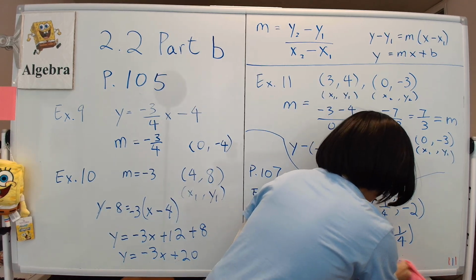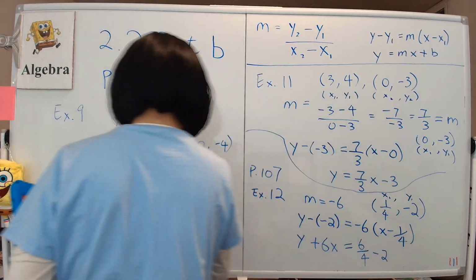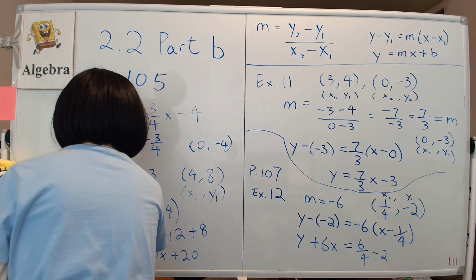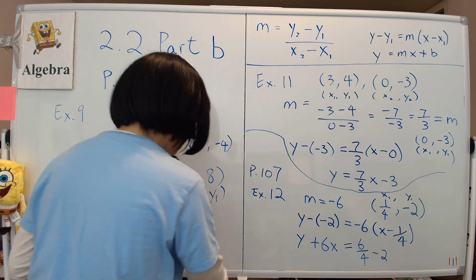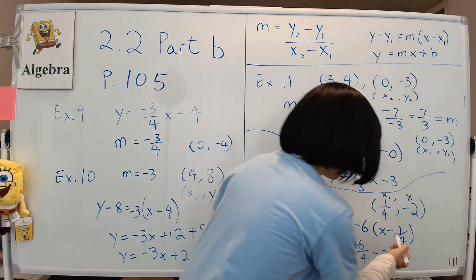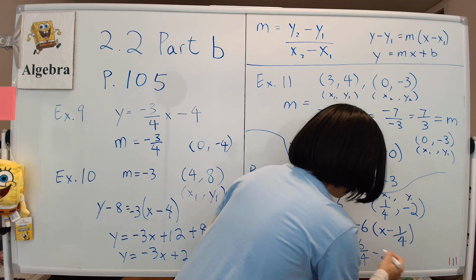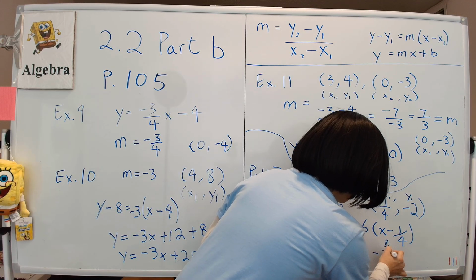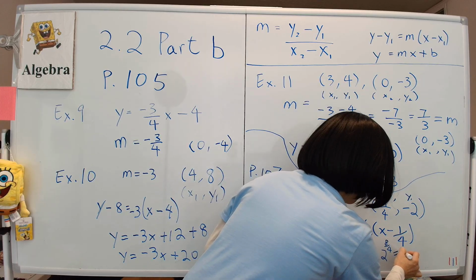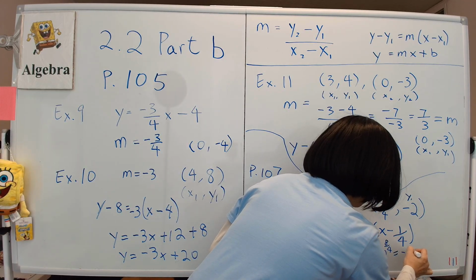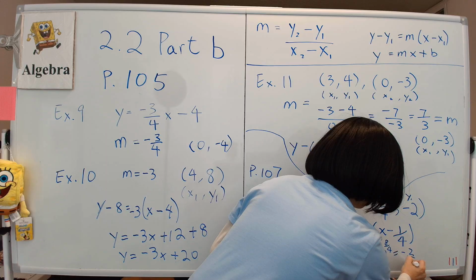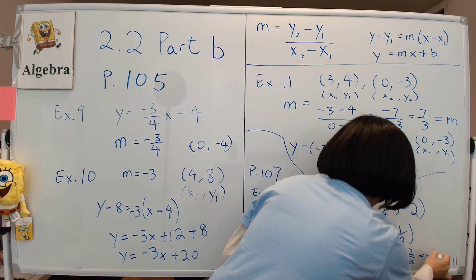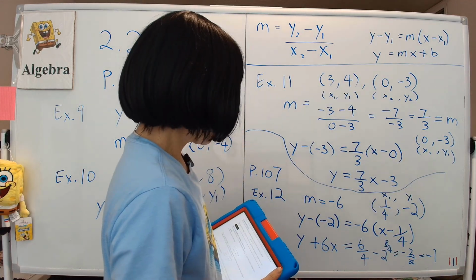This part is wrong. Let's try again, okay? Now 6/4 subtracted by 2, what is 2? 2 is 8/4, right? I mean, what was I thinking? So being that 2 is 8/4, then 6 minus 8, that should be minus 2 over 2, which is -1, which is what your book says, okay?